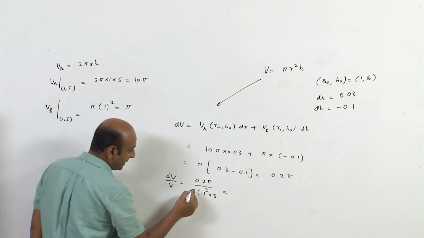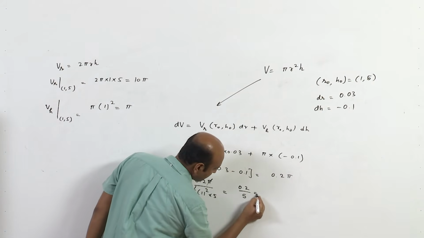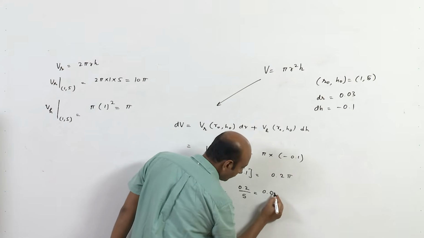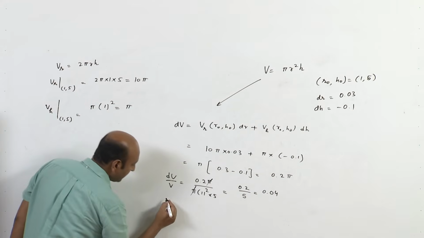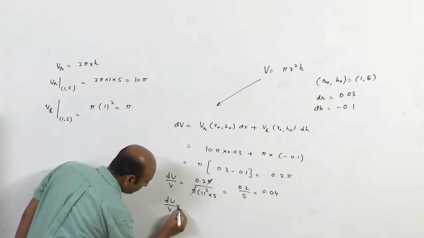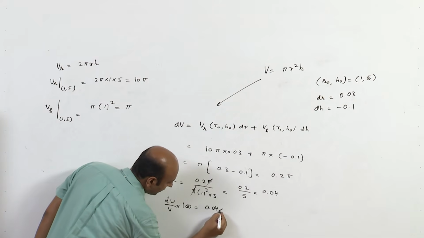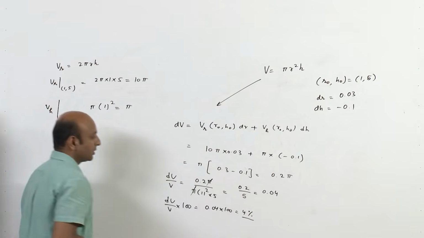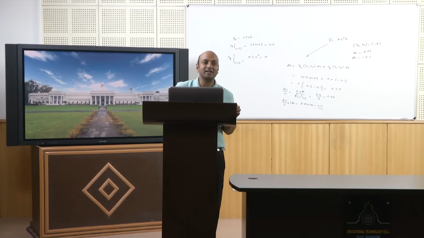So, pi cancels out, it is 0.2 upon 5, that is 0.04. And the percentage change will be this into 100, that is 0.04 into 100, that is 4%. So, that is how we can find out absolute, relative and percentage change in the value of the function.